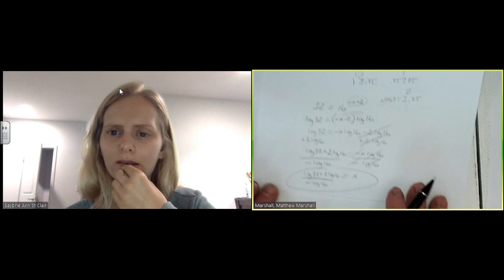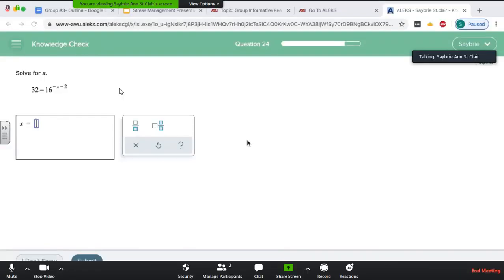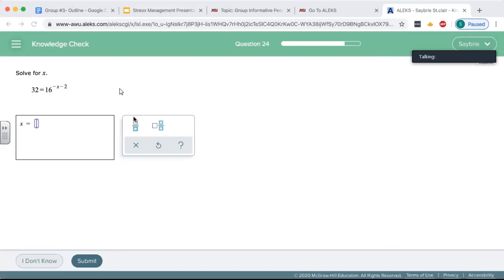That's all x right there. Hold on one second though. Let me double check that. Negative x. It doesn't let you do log. You can only type numbers.